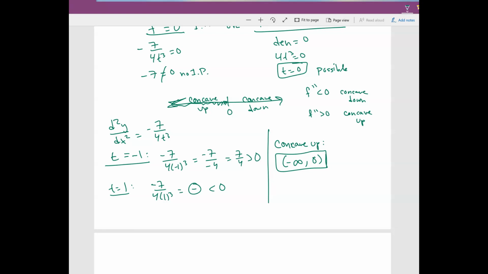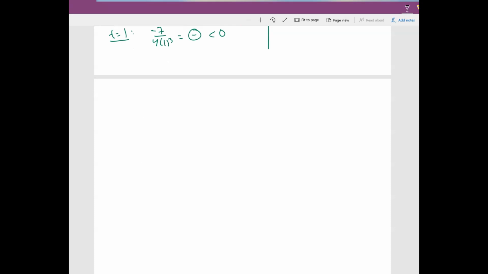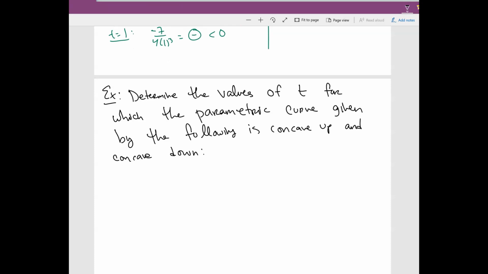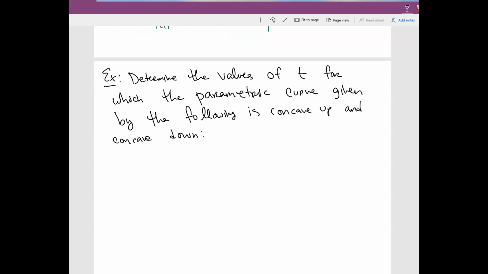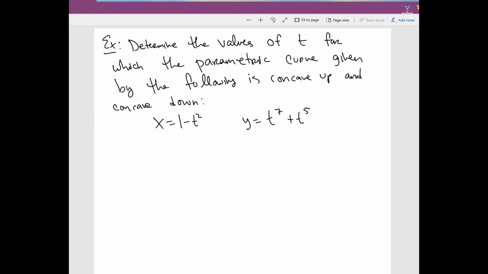Okay, let's do another problem. Determine the values of t for which the parametric curve given by the following is concave up and concave down. Here are the parametric curves: x is equal to 1 minus t squared, and y is equal to t to the 7th plus t to the 5th. Same thing: since we want to find concavity, we first have to find the first derivative and then the second derivative.